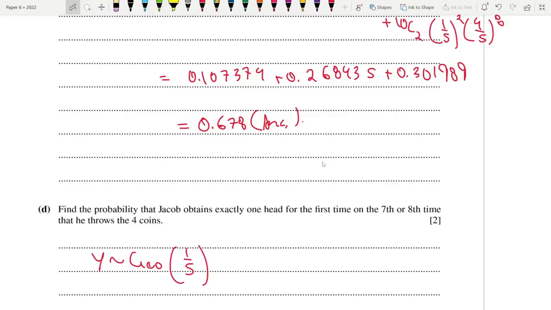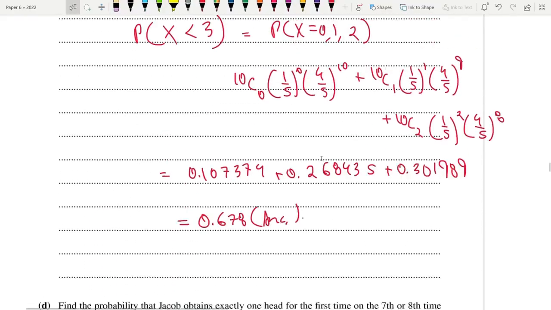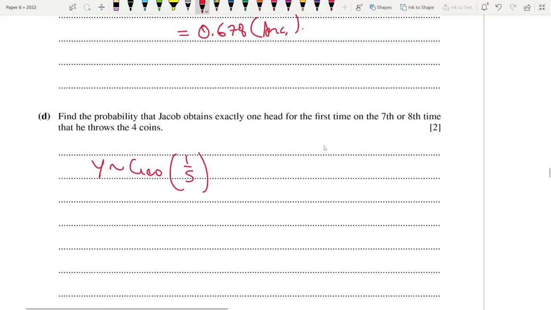So what does getting success on the 7th time mean? You failed 6 times, right? So basically we can say P(Y is equal to 7 or 8) is basically the formula pq to the power n minus 1, right?